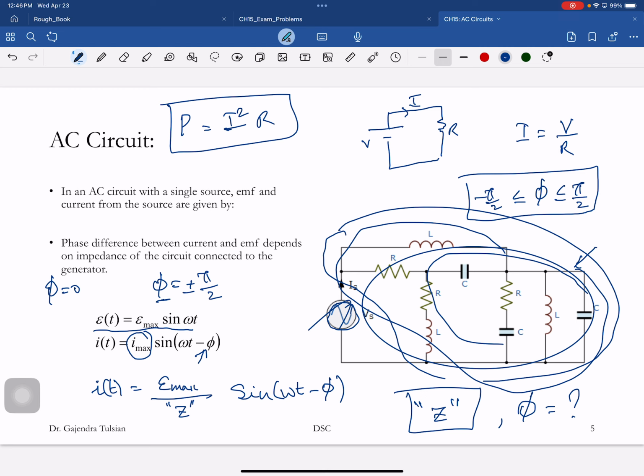Okay? So what you want for your city is for phi to be 0, for maximum power to be delivered. Okay, so this is absolutely amazing. If this is your city, for maximum power to be delivered, phi has to be 0.